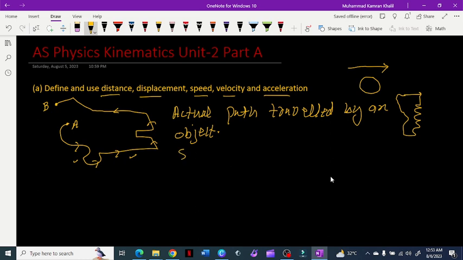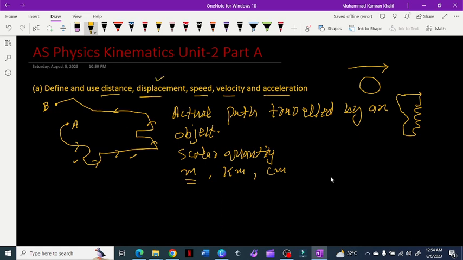So distance is a scalar quantity, and you have to remember that. The distance is measured in the SI unit, which is meter, small m. The other units may be kilometer or centimeter, but the SI unit is meter.